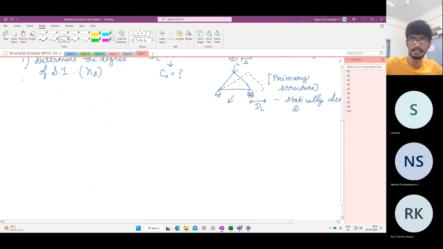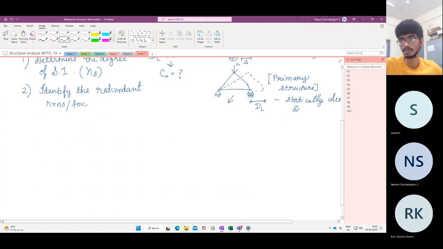So once you have determined the degree of static indeterminacy, identify the redundant reactions or forces. And how many of them should be there? There should be exactly NS redundant reactions or forces.